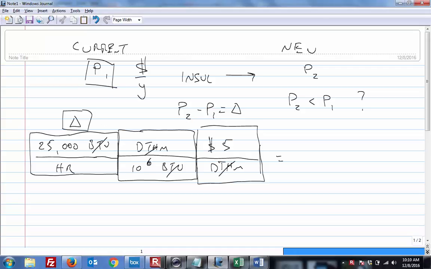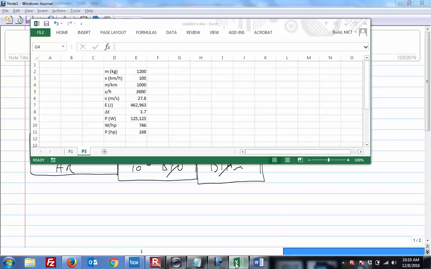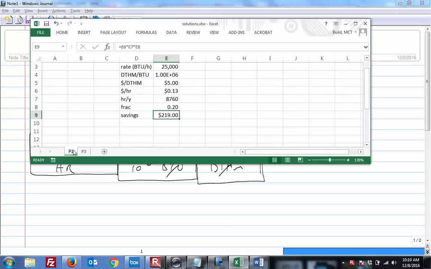But we went from 2,500 BTUs per hour, 1 million BTUs per decatherm, $5 per decatherm, popped that into Microsoft Excel, and decided that at that rate we would save 13 cents an hour.